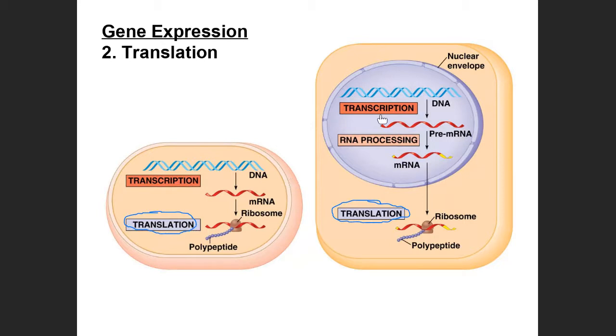This is in contrast to eukaryotic cells. Transcription and translation are completely separate for two reasons. The obvious one: DNA is stored in the nucleus because eukaryotic cells have membranous organelles. The other reason is that when eukaryotic RNA polymerase synthesizes RNA, it's called pre-mRNA. It has to go through RNA processing, such as the addition of a 5' cap, a poly A tail, and what is called splicing.